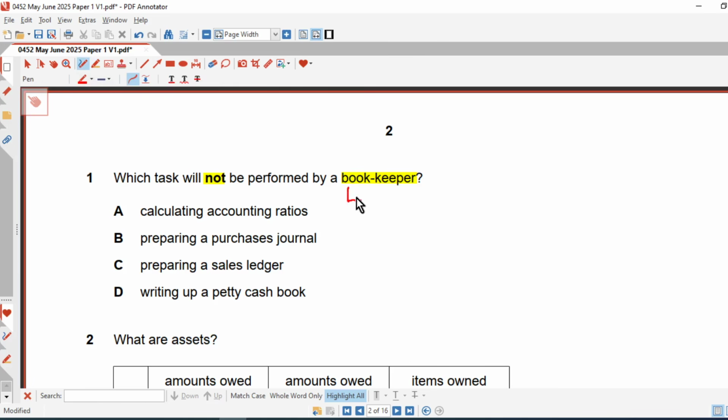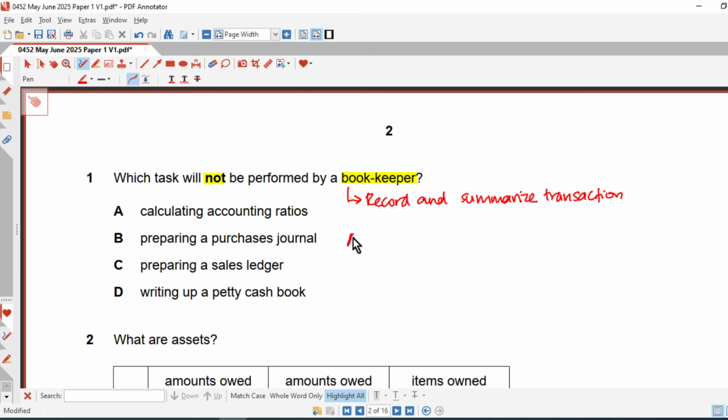A bookkeeper usually will record and summarize transactions. They are the ones who perform all your data entries. They bring everything into the journals, the ledgers, and sort out all your filing and everything. That's more of a bookkeeper.